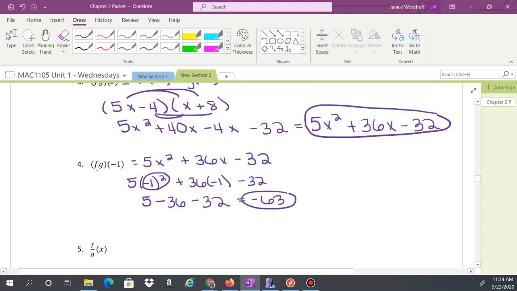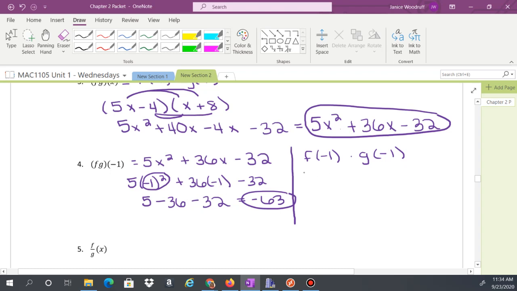The other way you could do this is you could do f of negative 1 times g of negative 1. Do that with the numbers as well. If you didn't already multiply these together, it's probably easier to do this one. But since we had already multiplied these together, we could just plug that number in.